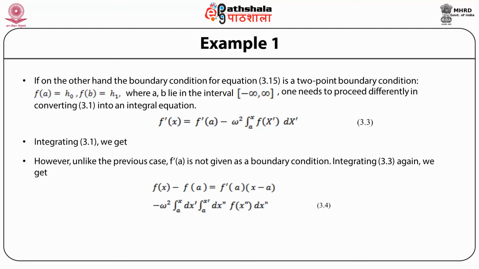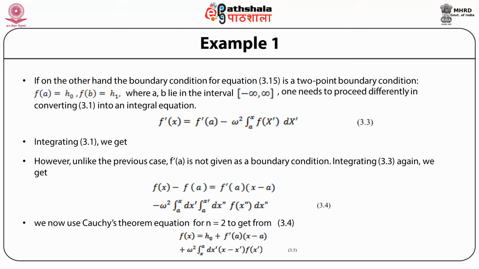Integrating this once again, we get f(x) minus f(a) is equal to the integral of f prime(a), which is a constant evaluated at the point a, so its derivative is 0. So we have f prime(a) multiplied by (x minus a) minus omega squared times the double integral of f(x prime) dx prime dx double prime.